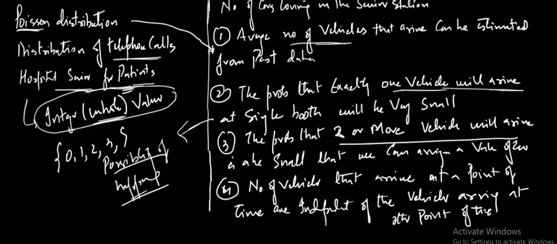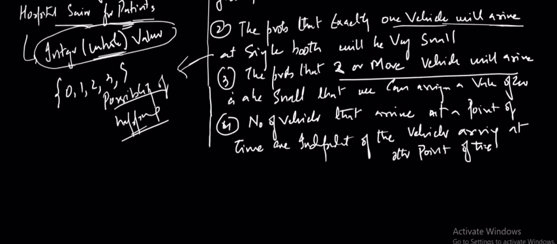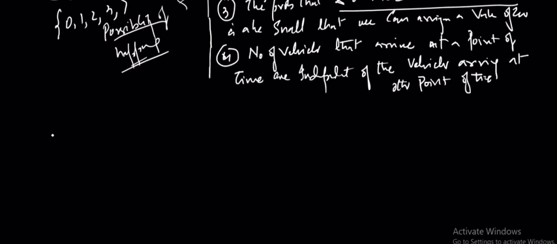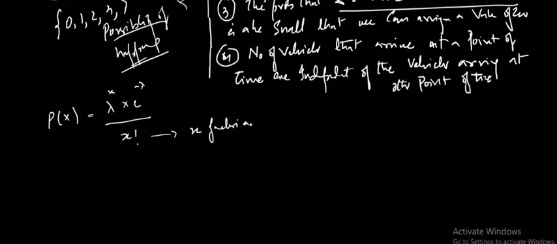Now let me show you how to calculate the probability of the random variable x with the help of the Poisson distribution. So P(x) is equal to lambda to the power x multiplied by e raised to the power minus lambda, divided by x factorial. This is the probability of x occurrences.